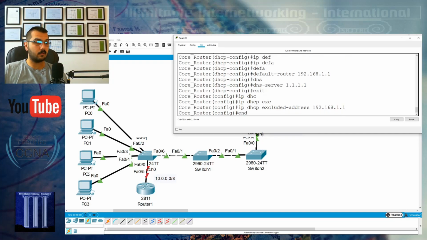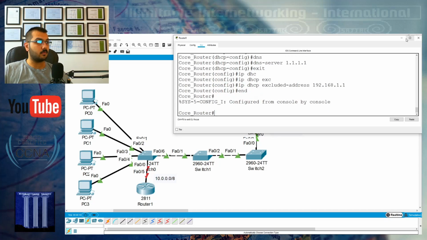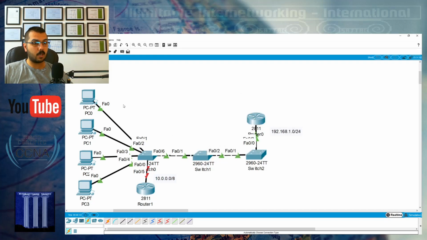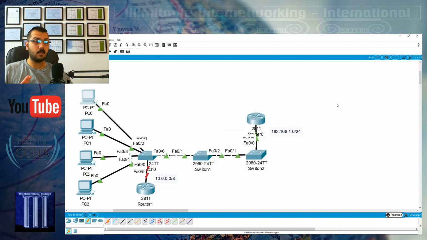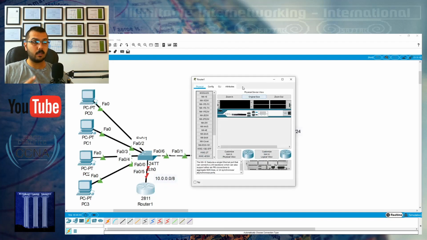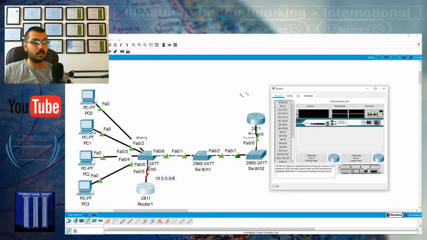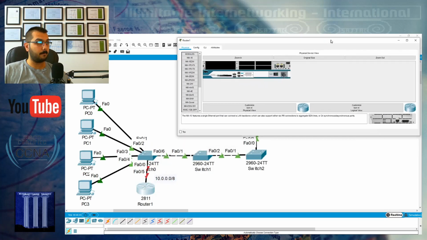And that's it. This is all I need to do on this router. I will not enable DHCP for the PCs. Watch out, they are still static. Leave them. Let's operate this one and make it start giving the offers, and let's see what will happen after that.